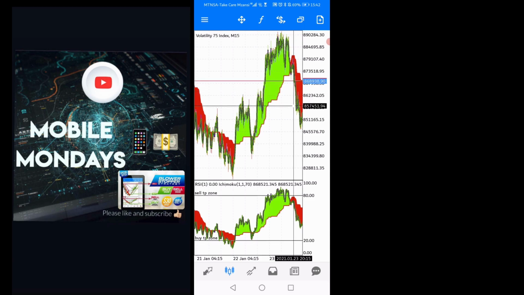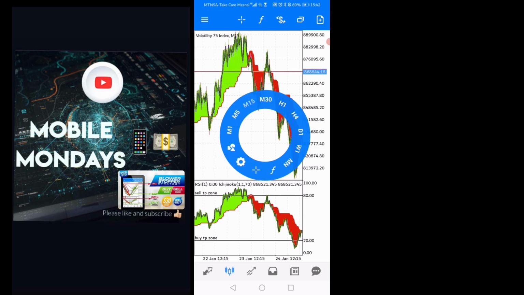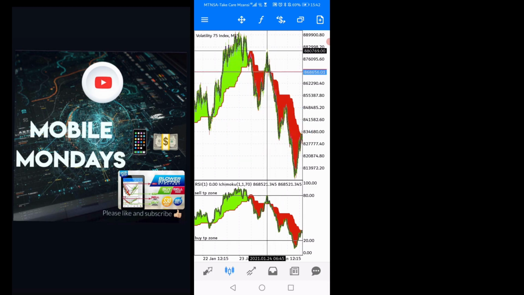So for this instance, we were holding one position, and if we go further, we can see that there is a re-entry around the zone. The reason I'm saying there's a re-entry there is because price never went to our take profit level, so we can take another trade over here. You can see it even touched our 20 TP zone and then moved down.